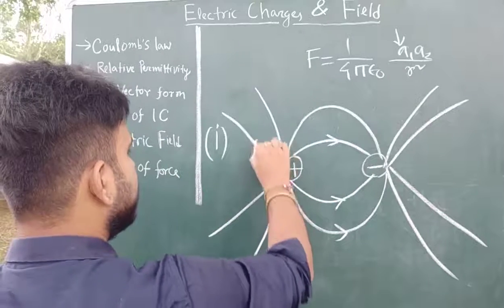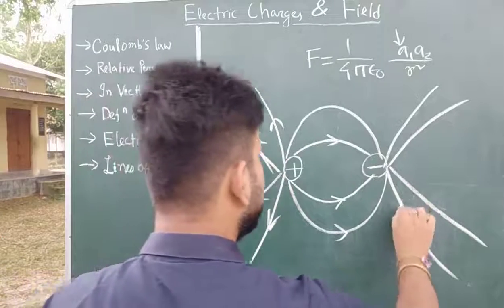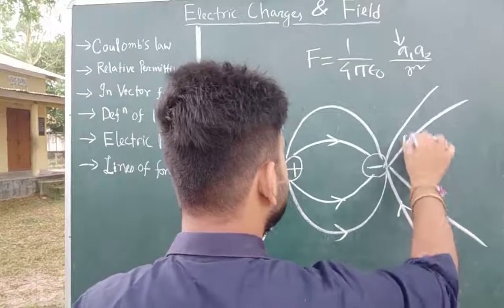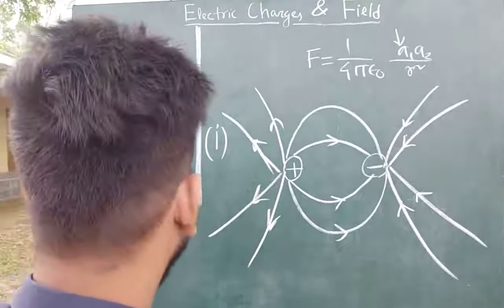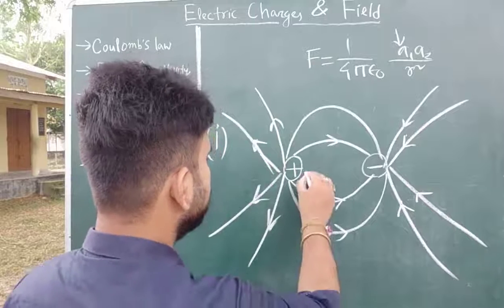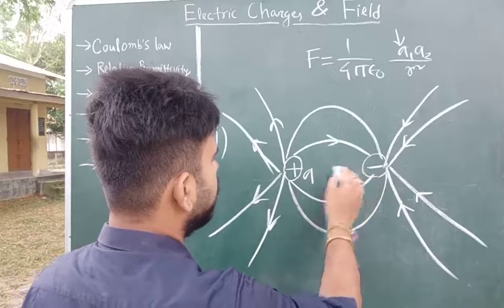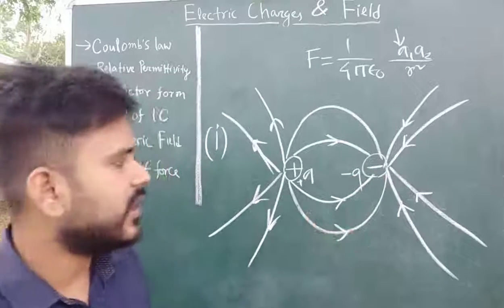For a positive charge it is radially outward, and for a negative charge it is radially inward. This is basically a dipole.